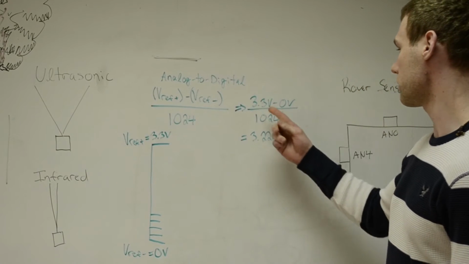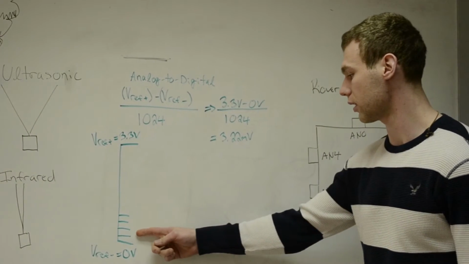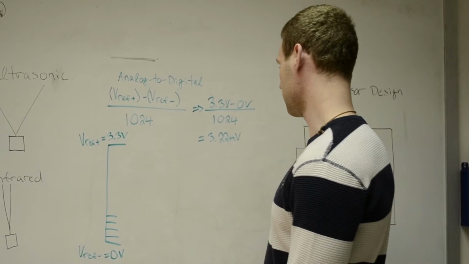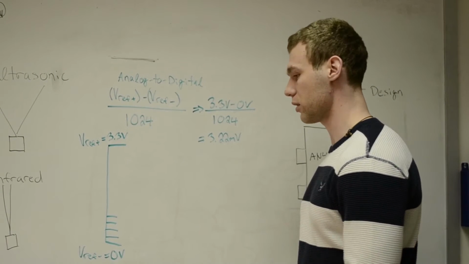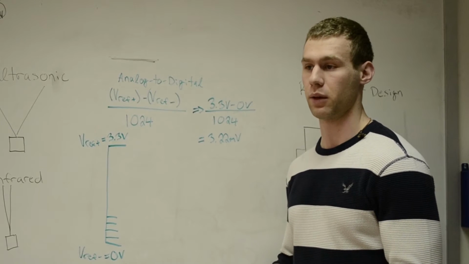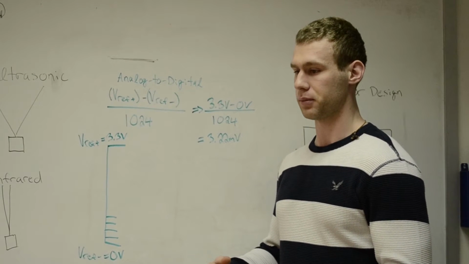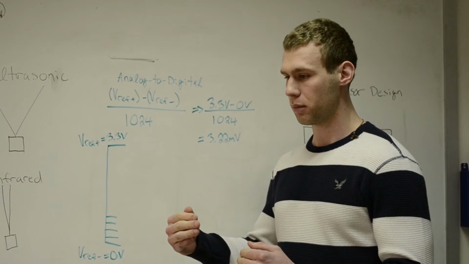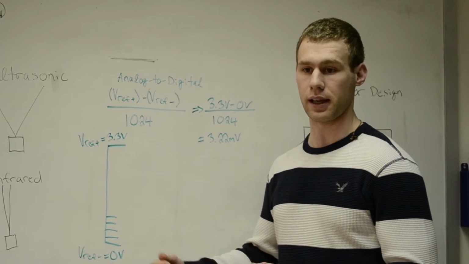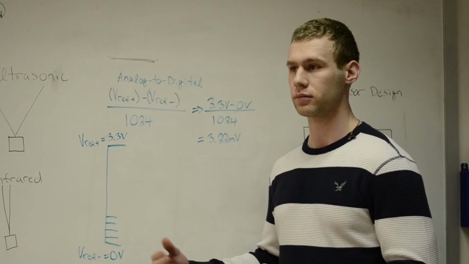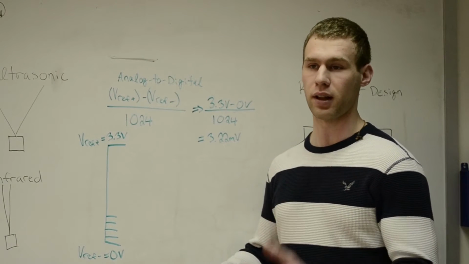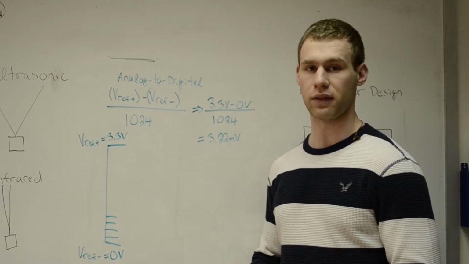So with this formula, we get each little tick being 3.22 millivolts. And we take this value and use a formula that we find by taking the infrared sensor and plotting the different values and the different voltages that it prints out. Then you plot it on Excel and find that formula.